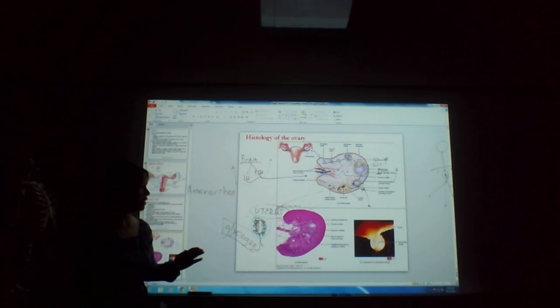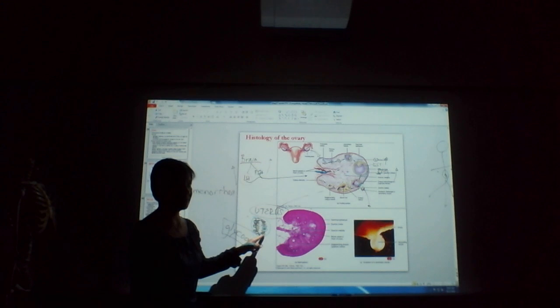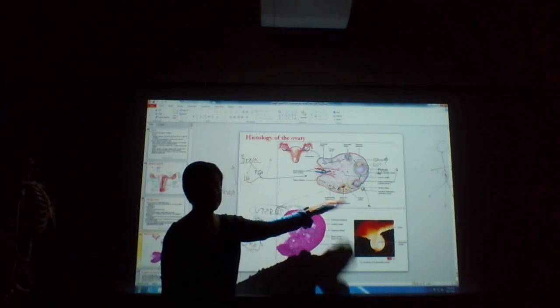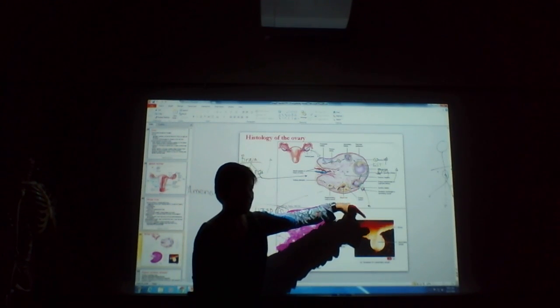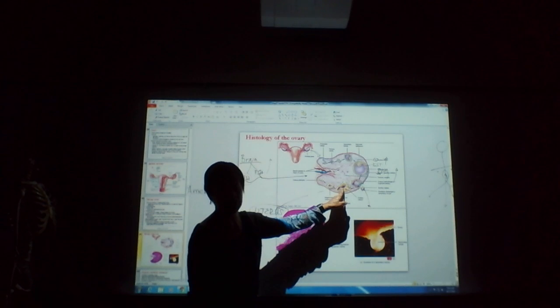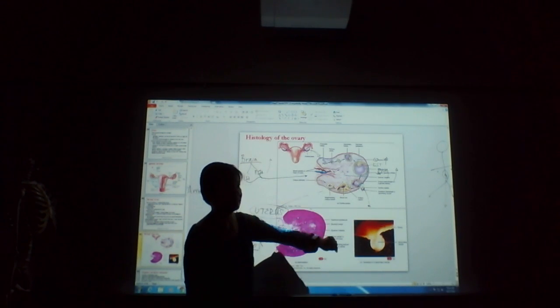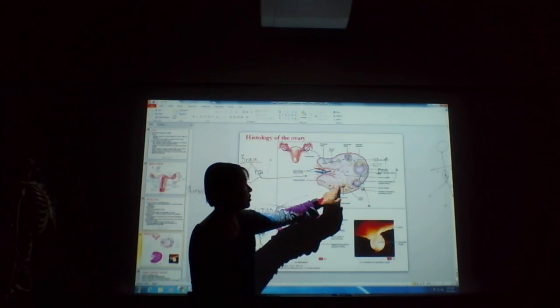Okay? So look at this one. Now, the baby is here, and I want to look at the follicle that released the egg. You notice this follicle will now be empty. It will never be refilled. That's it. It lost the egg. It's gone. So what do you call this?